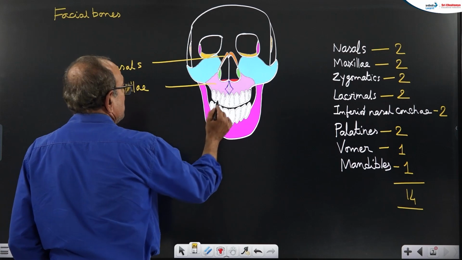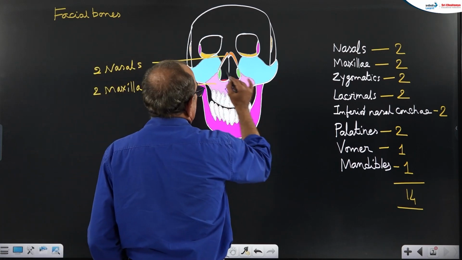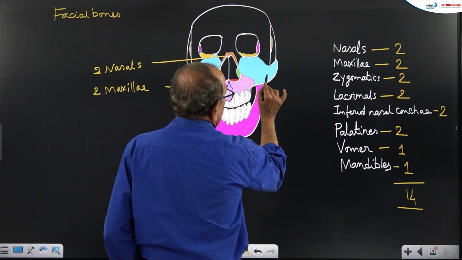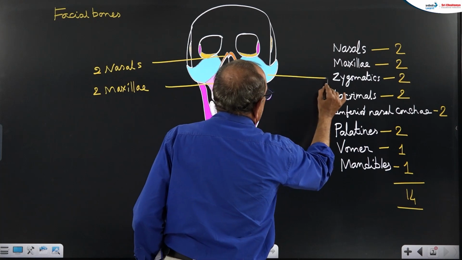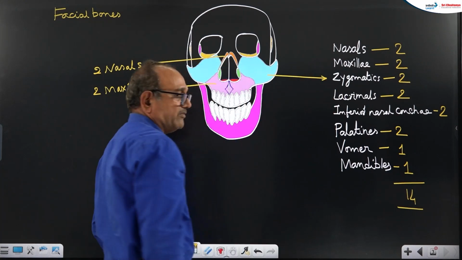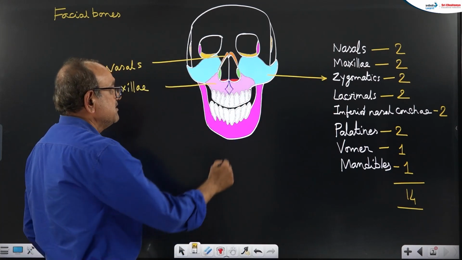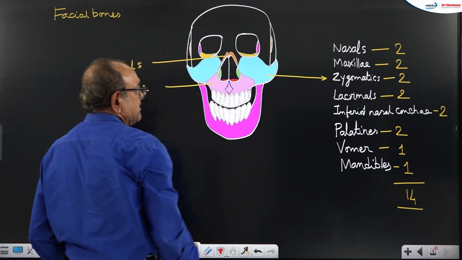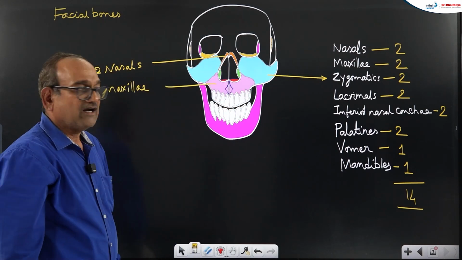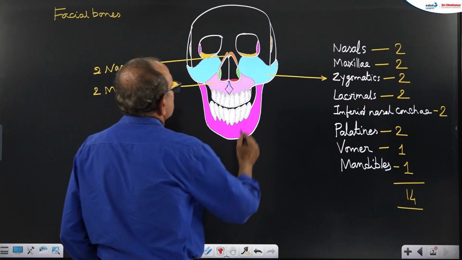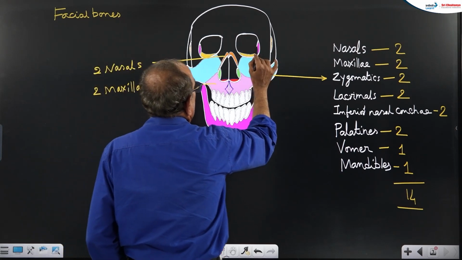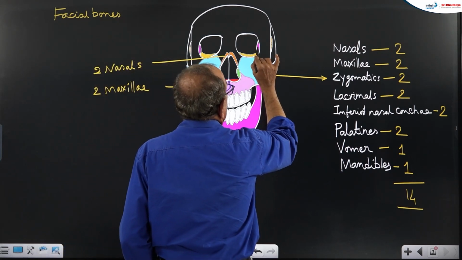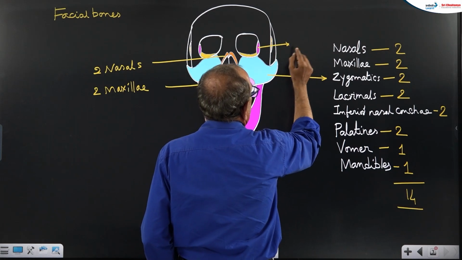Next, zygomatics. These are the zygomatics, generally known as the cheekbones. They are also 2 in number. Zygomatics, the cheekbones, form an arch. This arch is called the zygomatic arch. And a pair of lacrimals. These are the lacrimal bones present within the orbit of the skull.